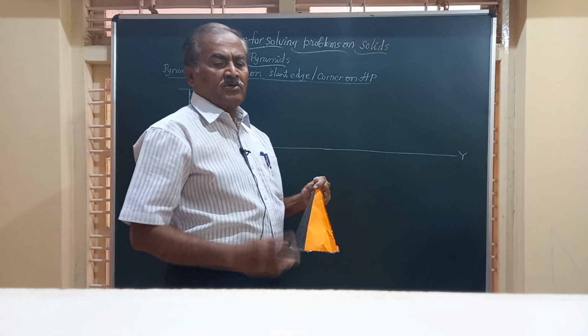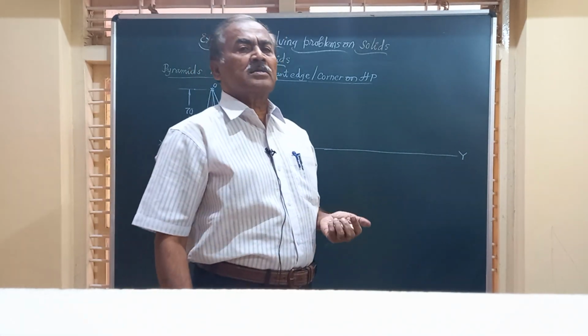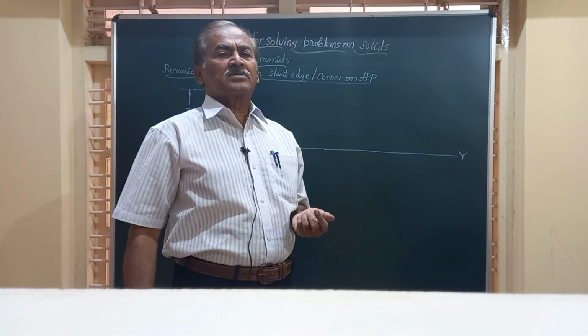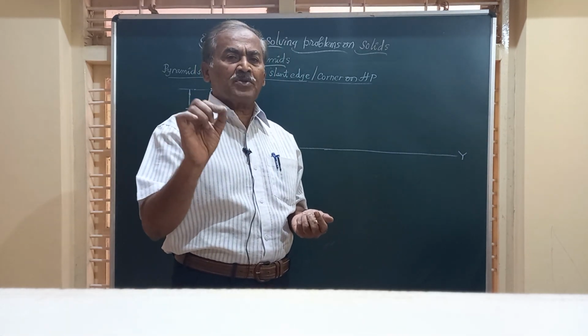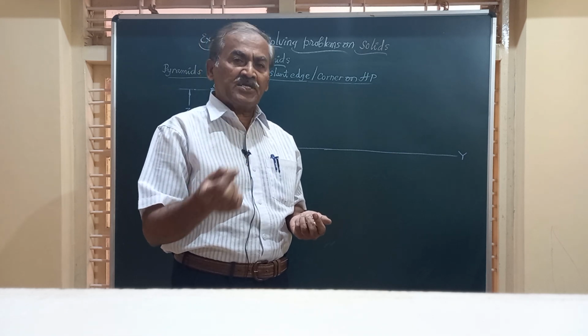Now friends, when you are looking or working out a problem on any of the pyramids, first of all you have to go through the problem and see how the object is going to rest.